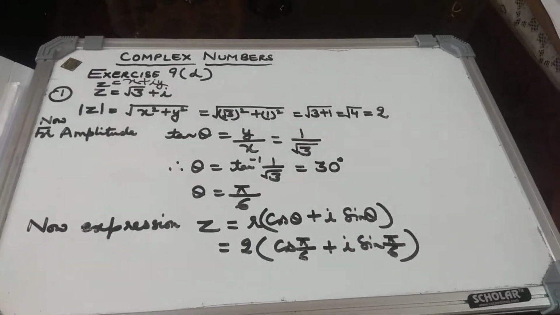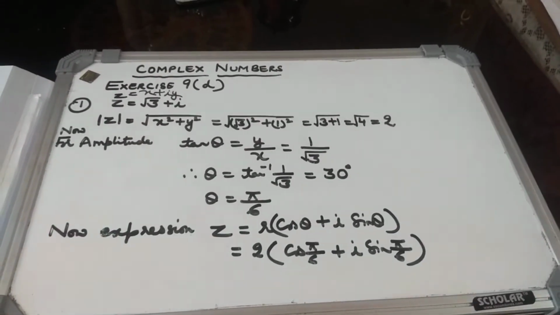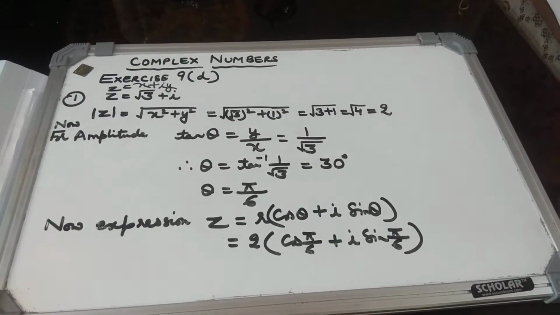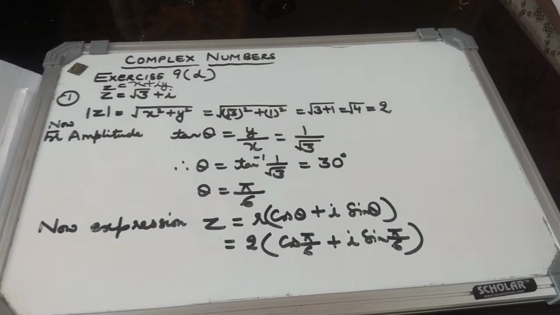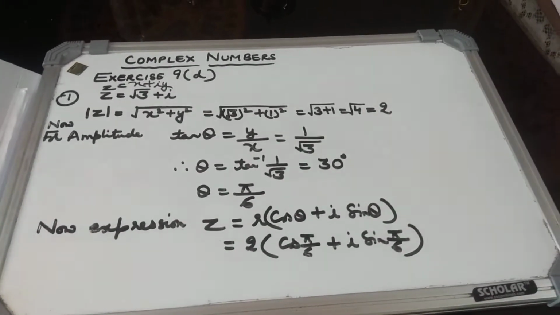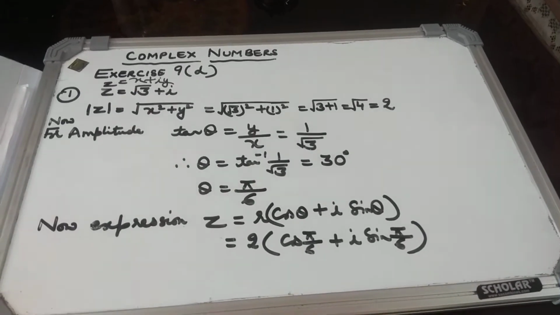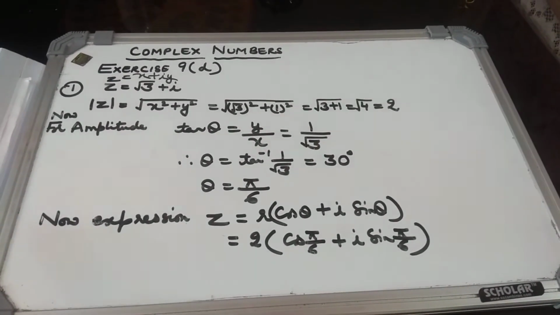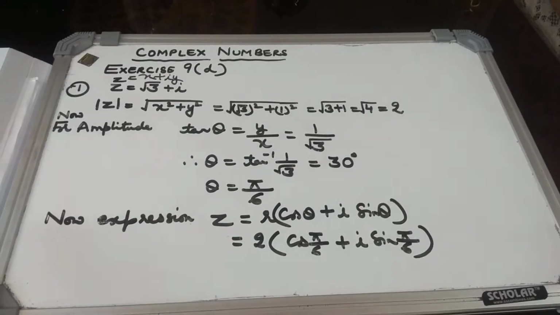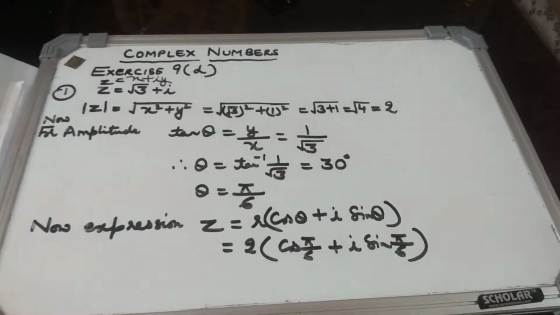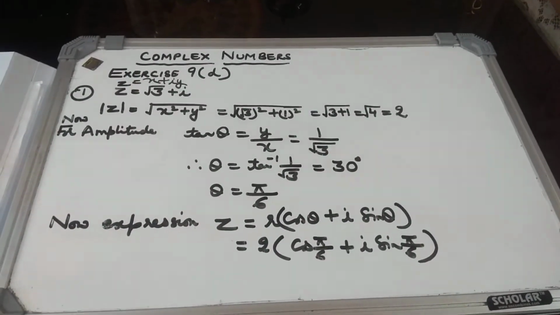Hence, you see in every question, you have to first express the complex number in the form of x plus iy always, if it is not so. If it is already given, like in this question, then there is no problem. You can directly put the formula mod z is equals to under root x square plus y square. Substitute the value of x and y.